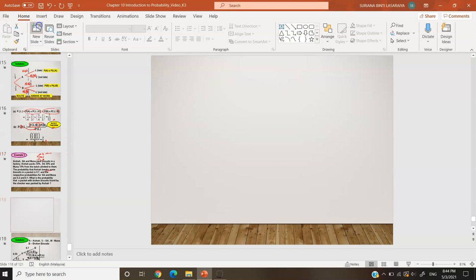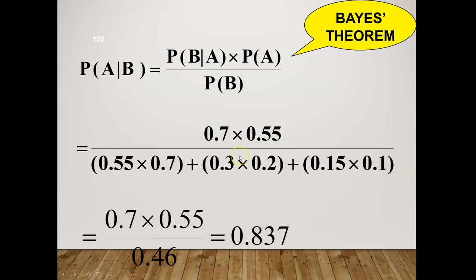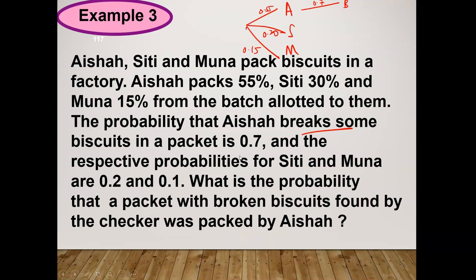I add one new slide here. Okay, this one, Aisha, Siti, Muna. So 0.55, 0.30, 0.15.